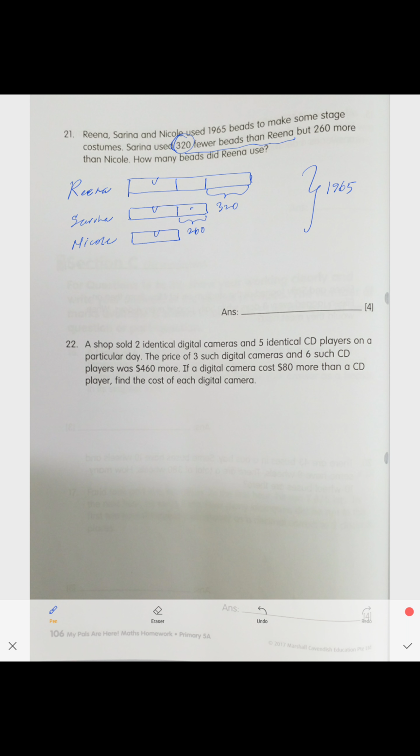So what do we see? We have 3 units. We have a total, right? 3 units is equal to 1965, and we need to remove our extras.